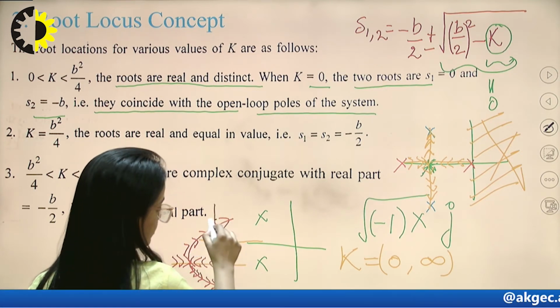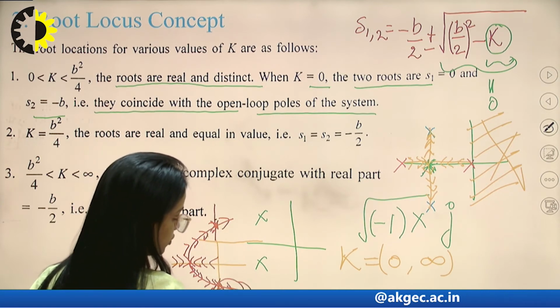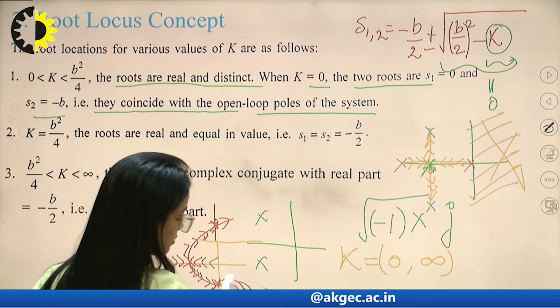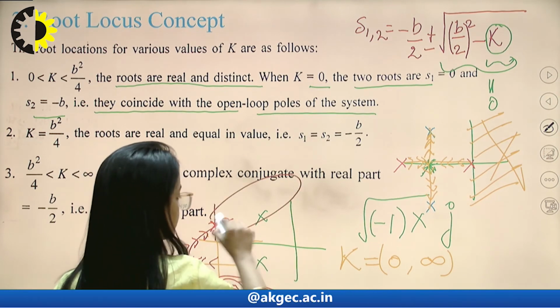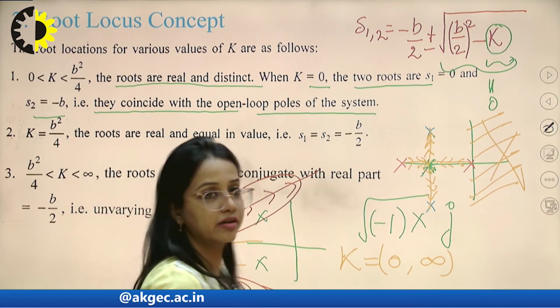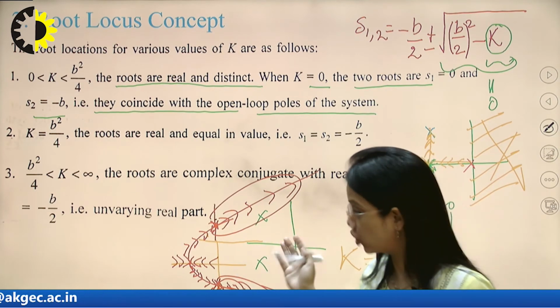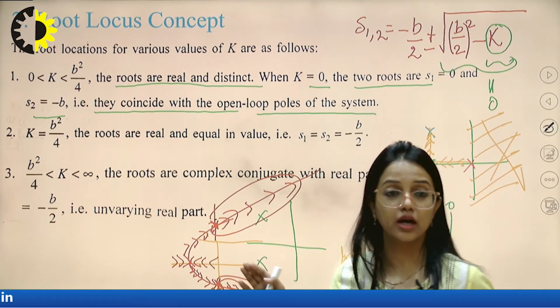After this particular cutoff, of course, this will go to infinite. So in this particular area, when the root locus is crossing the j omega axis, the system becomes unstable.